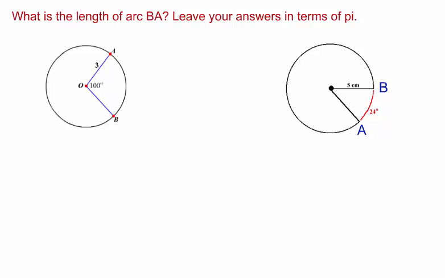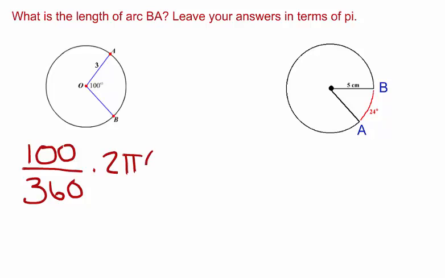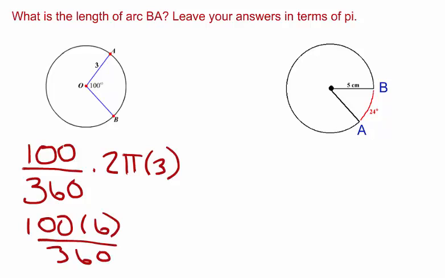So let's go ahead and work on some example problems with the arc length. First one we'll do together. It says, what is the length of arc BA? Leave your answers in terms of pi. So, for instance, the measure of the arc AB would be 100 degrees, all divided by 360, times 2 pi and your radius 3.